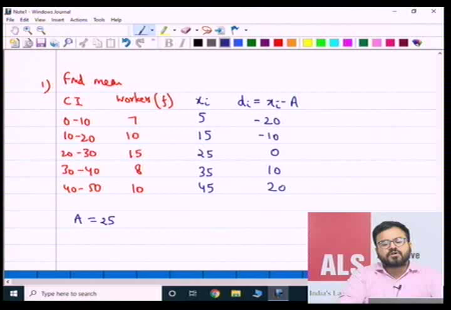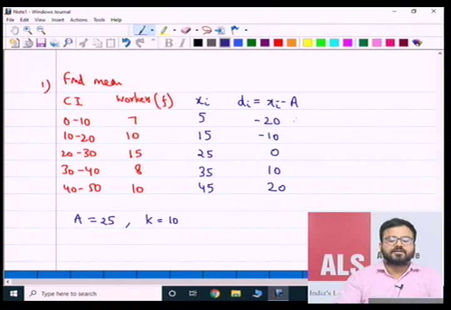Now if you want to simplify this again, you can see all the d values can be divided by 10. Let me introduce a new variable, let me say it is k. So k is 10. I am dividing all the values, xi minus a, by k, which is 10.